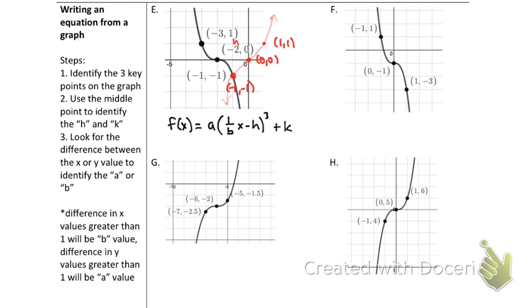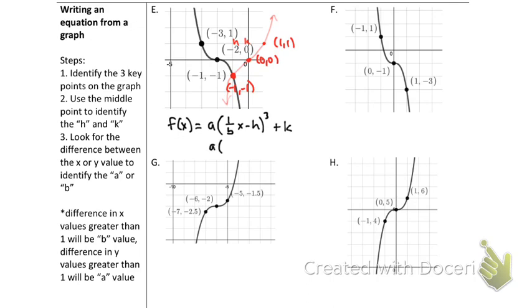So h and k come from the middle point. So I'm going to take these values and I'm going to plug them in for my h and k. Okay, careful with your signs here, so watch. My h is now going to be this.